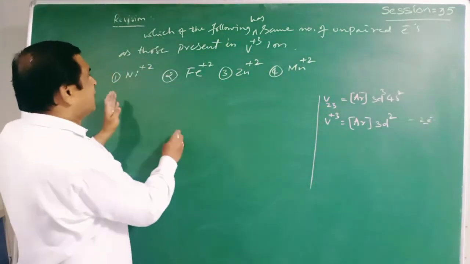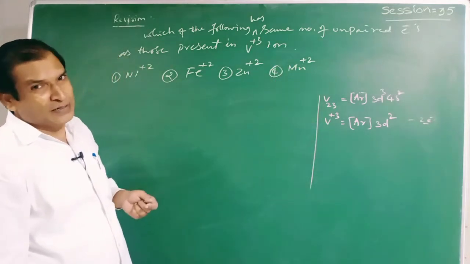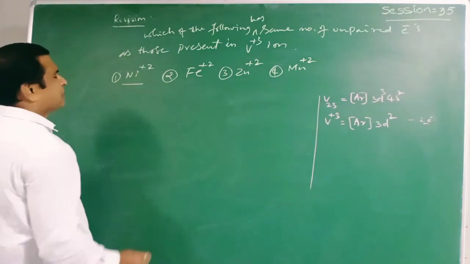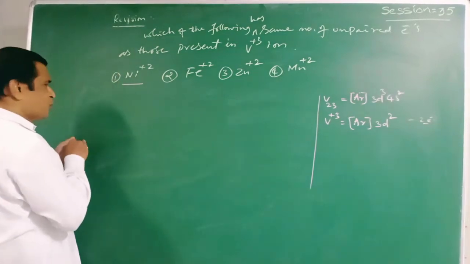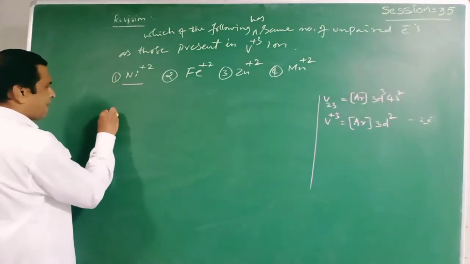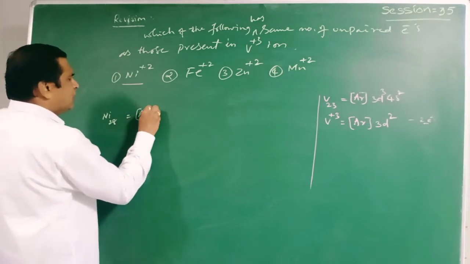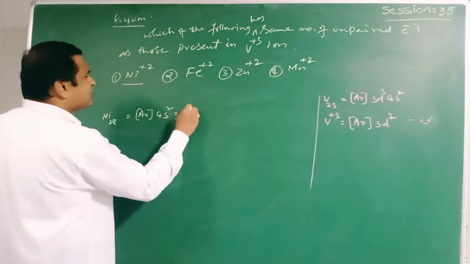Now you have to identify which among the options has 2 unpaired d electrons. Nickel plus 2: nickel atomic number is 28, so argon 4s2 3d8.